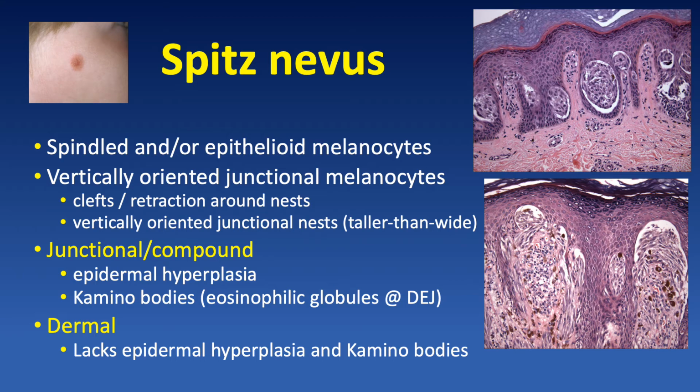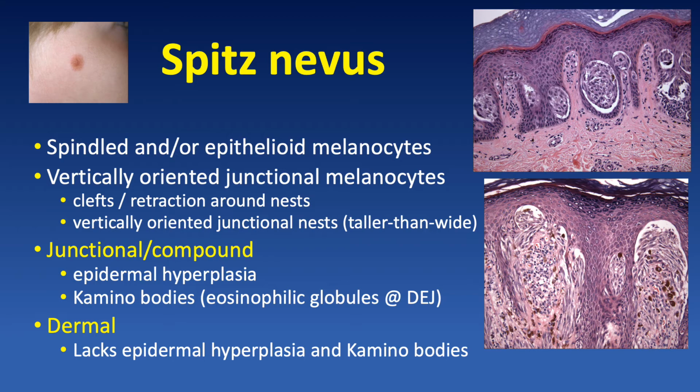Spitz nevi can be junctional, compound, or dermal. The junctional and compound variants are classically associated with epidermal hyperplasia, with hyperkeratosis and hypergranulosis and acanthosis, and the Kamino bodies are these characteristic pale eosinophilic globules located at the dermal epidermal junction that represent entrapped basement membrane material typical of Spitz nevus.